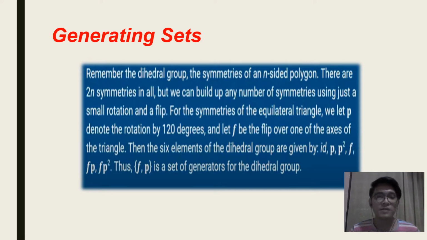For the symmetries of an equilateral triangle, we'll let P denote the rotation by 120 degrees and let F be the flip over one of the axes of the triangle. Then the six elements of the dihedral group are given by ID, P, P squared, F, FP, FP squared. Thus, F and P is a set of generators for the dihedral group.